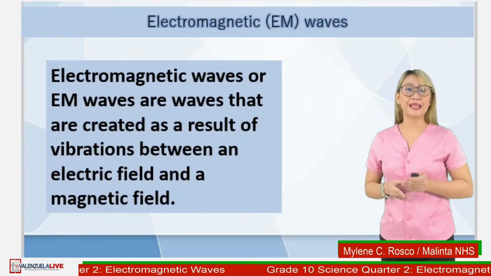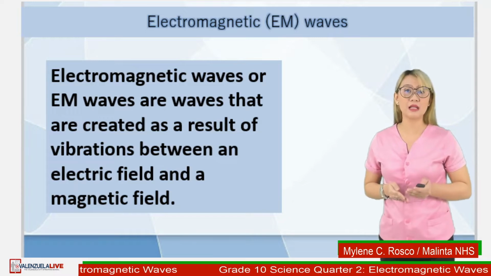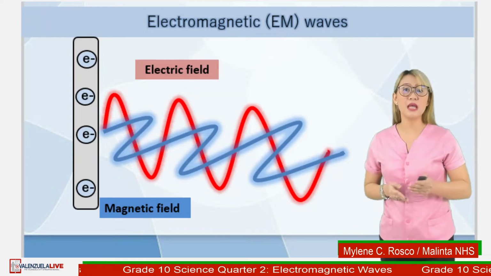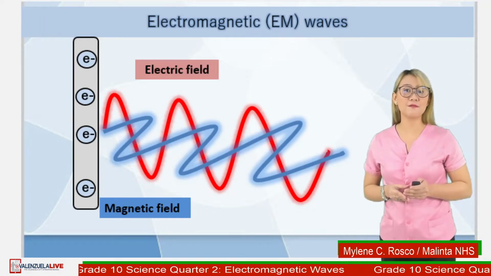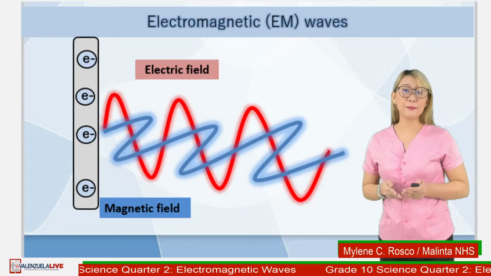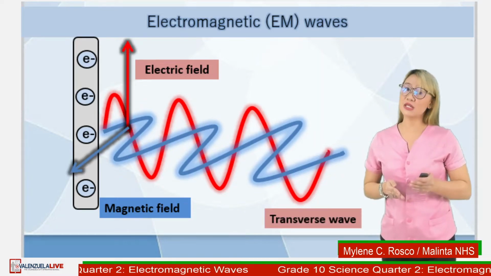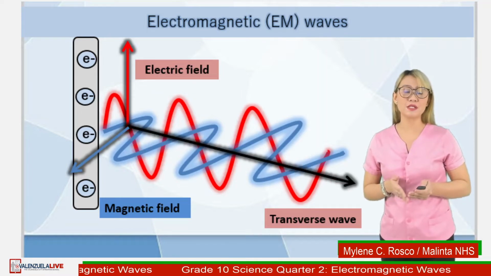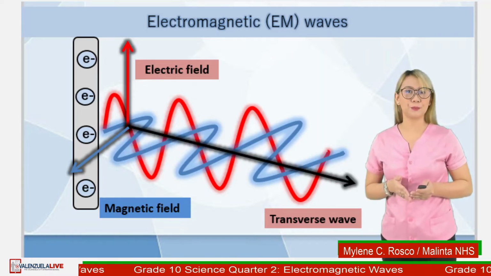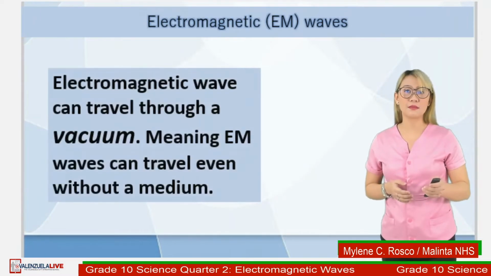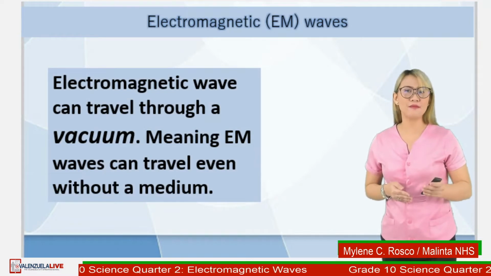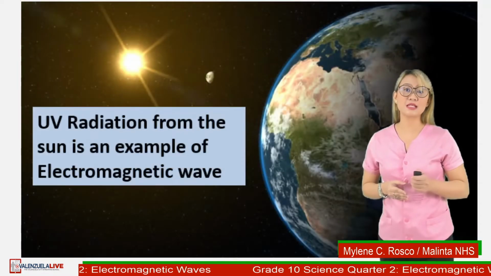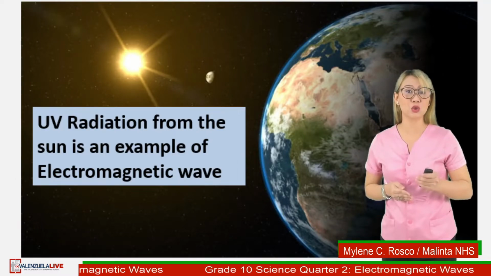Always remember that electromagnetic waves are considered to be transverse waves, meaning the electric field and magnetic field are perpendicular to each other and to the direction of the EM waves. Electromagnetic waves can travel through a vacuum, meaning EM waves can travel even without a medium. The term vacuum here does not pertain to a tool that uses suction to clean.